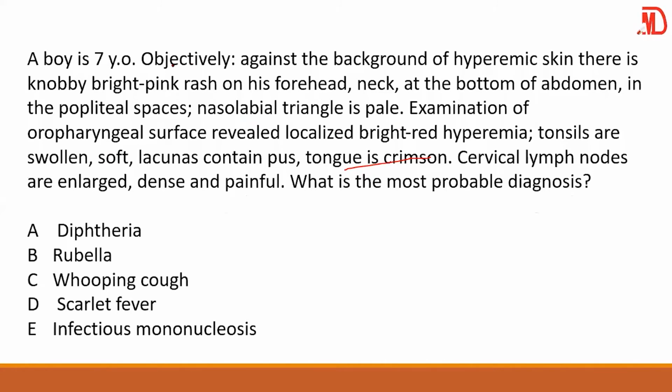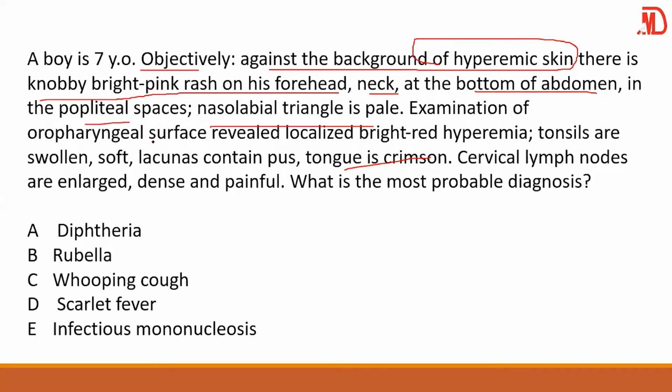A 7-year-old boy, objectively, against the background of hyperemic skin, has a bright pink rash on the forehead, neck, bottom of the abdomen, popliteal spaces, and nasolabial triangle.